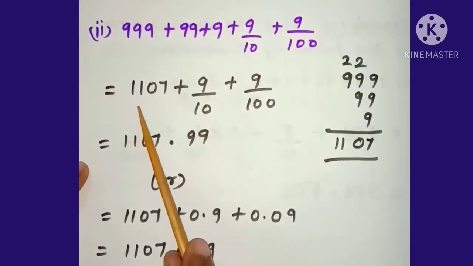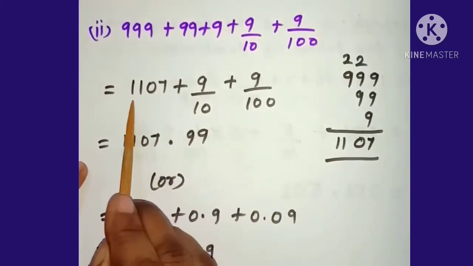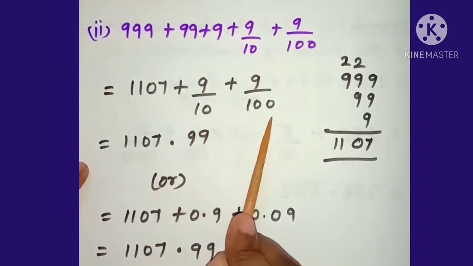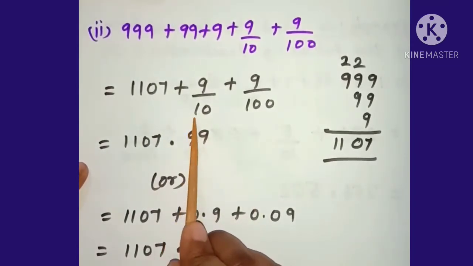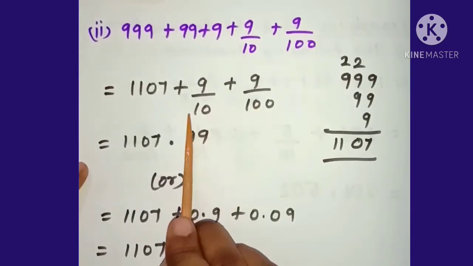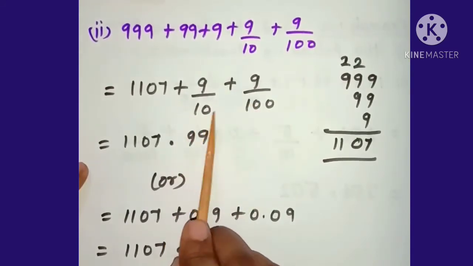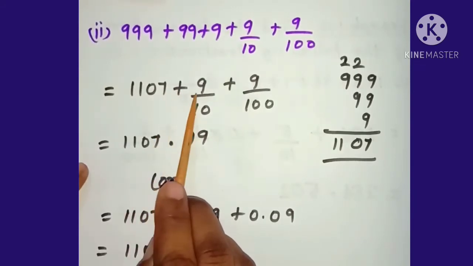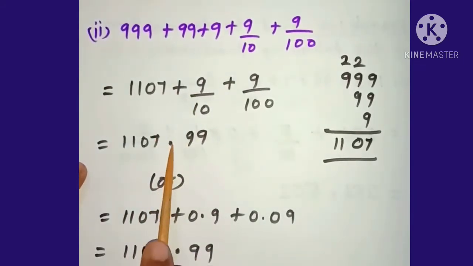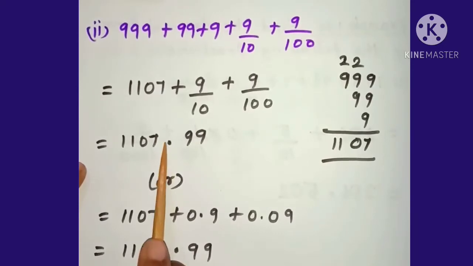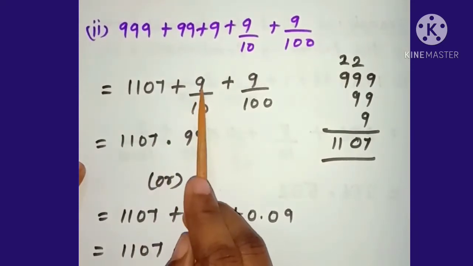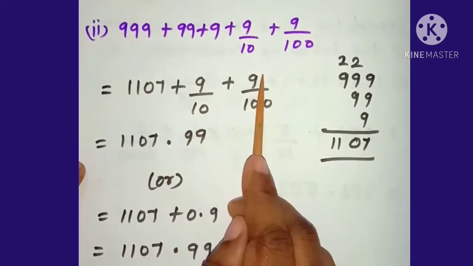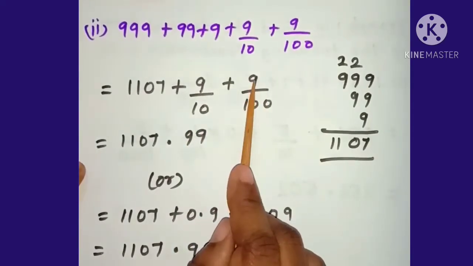So we can write it as, here this is the whole part, and it starts from the 10th and 100th, and these two are in the decimal part. So there will be a decimal point between the whole part and the decimal part. So put a decimal point. What is the digit in the 10th place? 9. And what is the digit in the 100th place? That is 9.